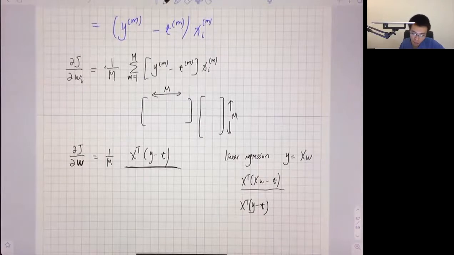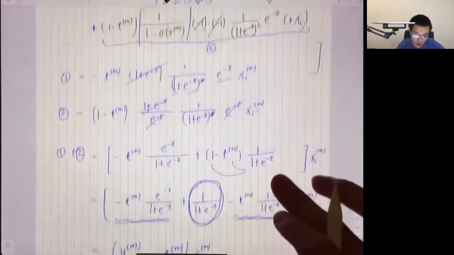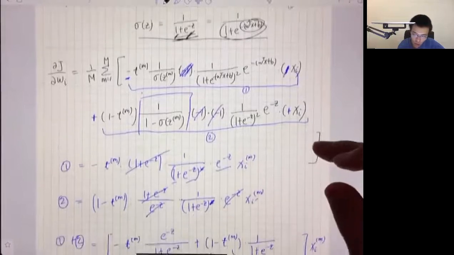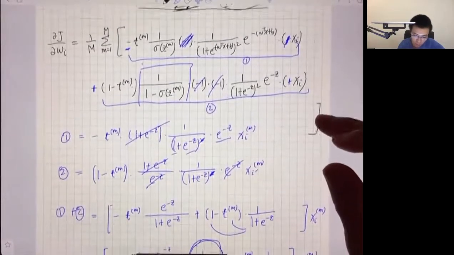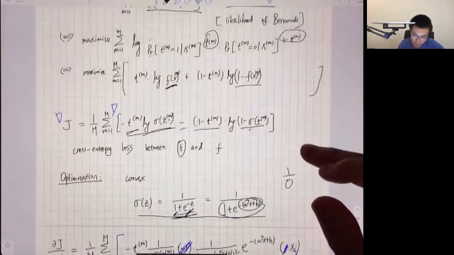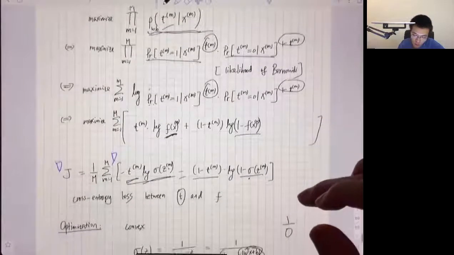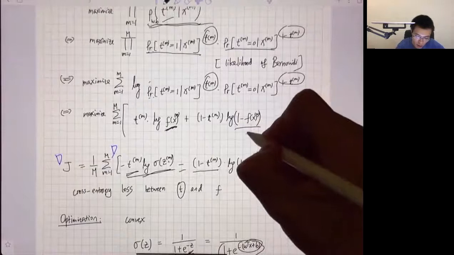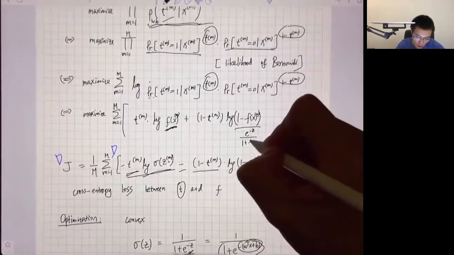Okay. And actually, the derivation here can be simplified a little bit. For example, this term is actually e to the minus z divided by 1 plus e to the minus z.